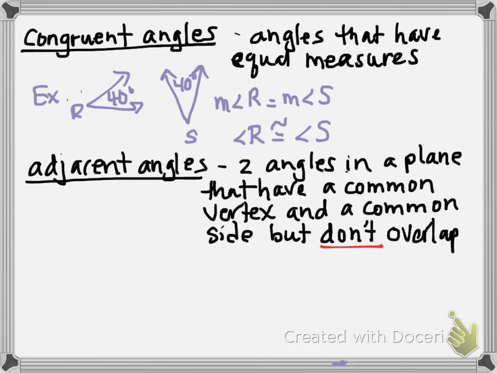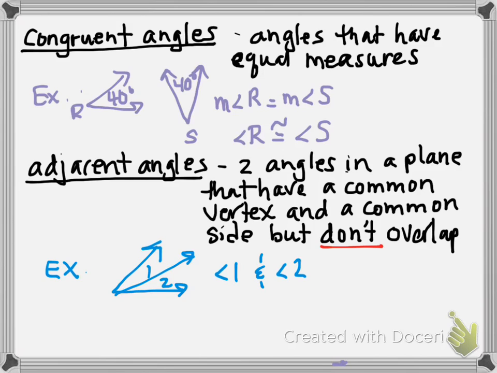Okay, so an example of that. Where angle 1 ends, angle 2 begins. They don't overlap. They share that ray in the center, so that makes them adjacent angles. So angle 1 and angle 2 are, and here's how I abbreviate, ADJ for adjacent, and then the angle symbol, and then an S to give you an idea that there's more than one.